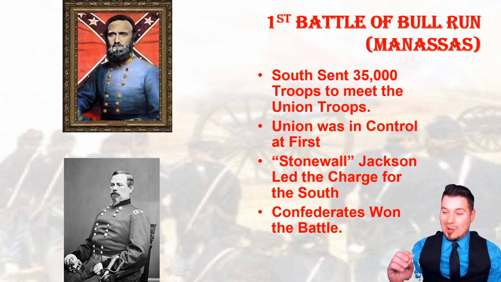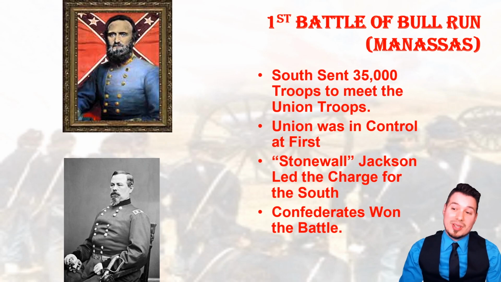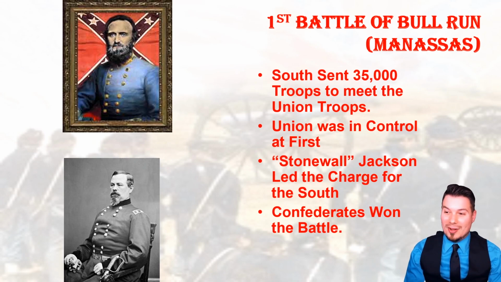Again, Thomas Jackson, better known as Stonewall after this battle, emerges from the woods, him and his men, and they go towards the Union line, and, well, as they say, there he stood as a stonewall. Stonewall Jackson. They couldn't break the line. The Confederates win this battle, and of course, it really sets the tone of this war, that maybe it's not going to be as easy as everyone thought it was going to be.